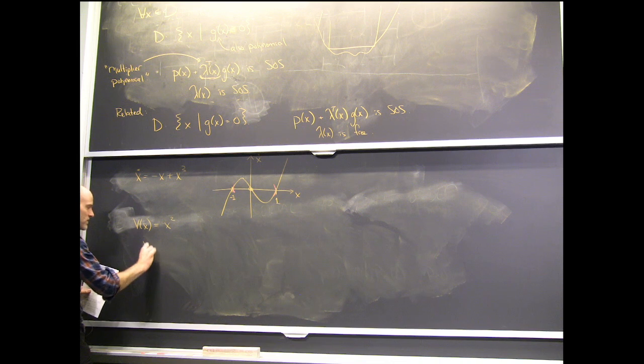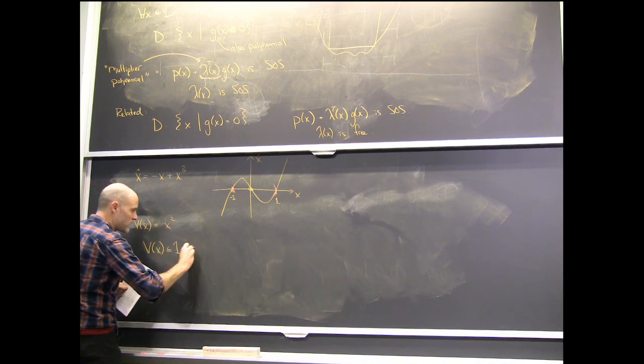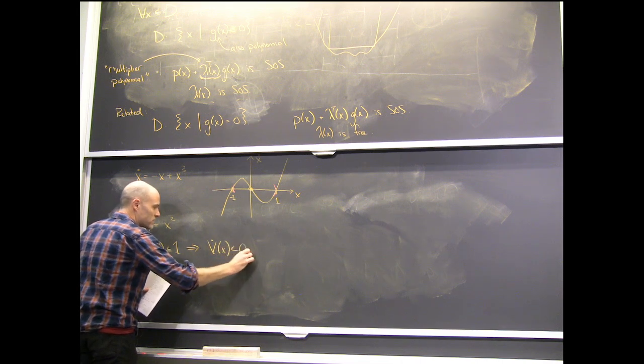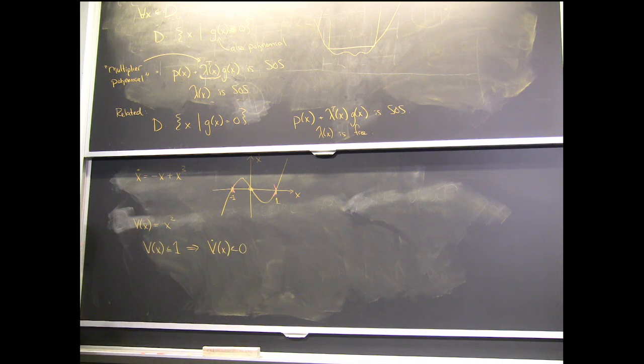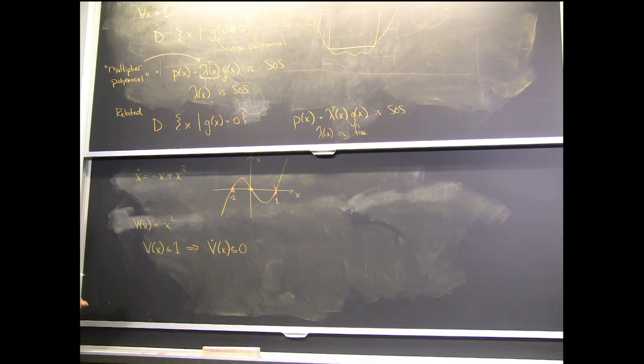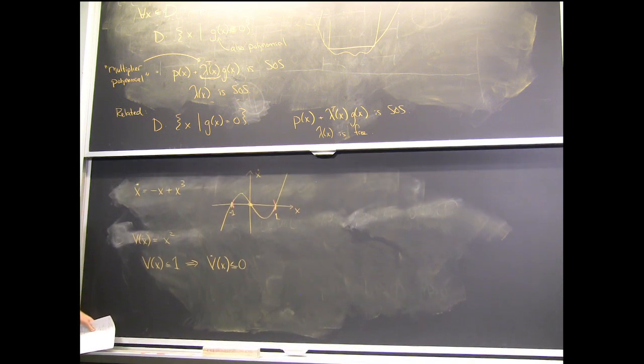And I want to say that when v of x is strictly less than 1, then that implies that v dot of x is less than 0. Okay, so I'll do that using my multiplier idea.